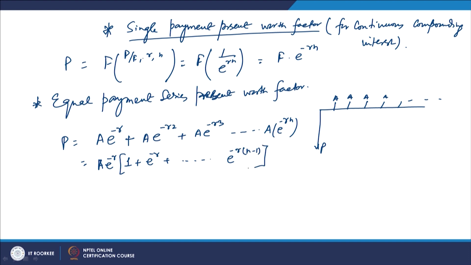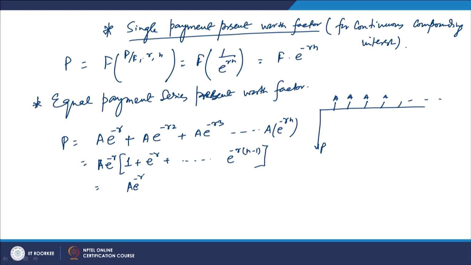This becomes a geometric series, and if you take its sum, we know that for a geometric series it has the first term as 1 and the common ratio is e raised to the power minus r, that is 1 by e raised to the power r, which is going to be less than 1.